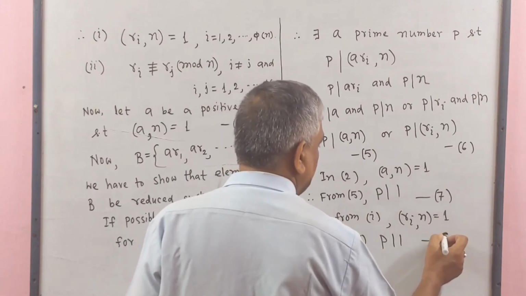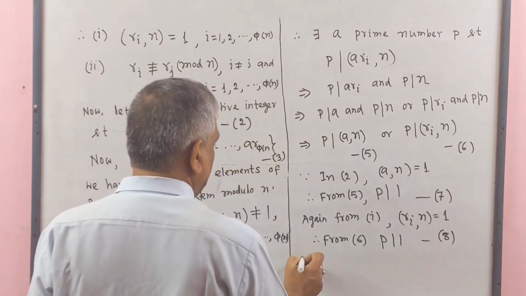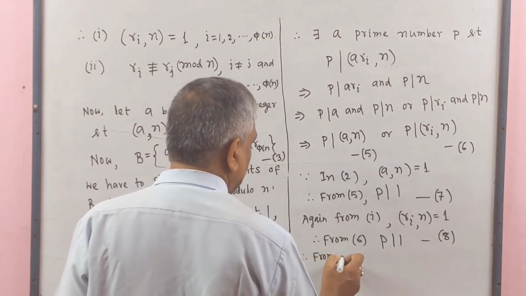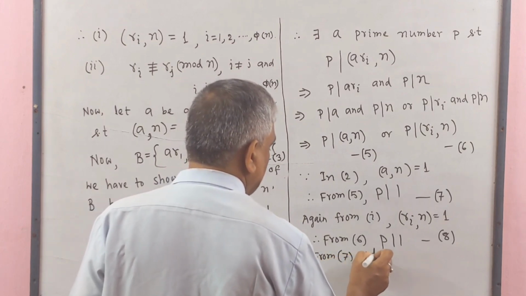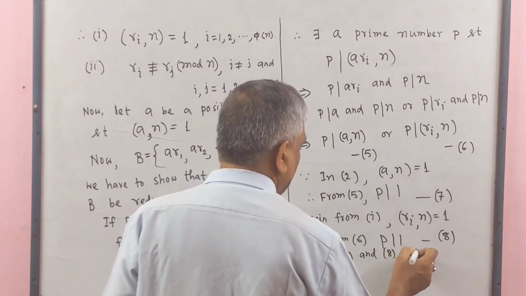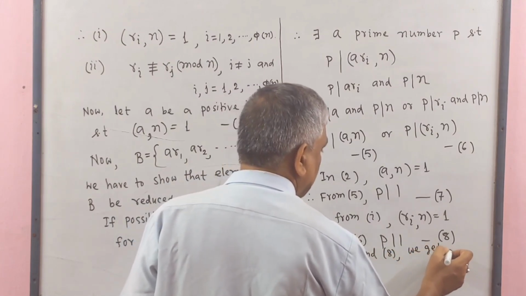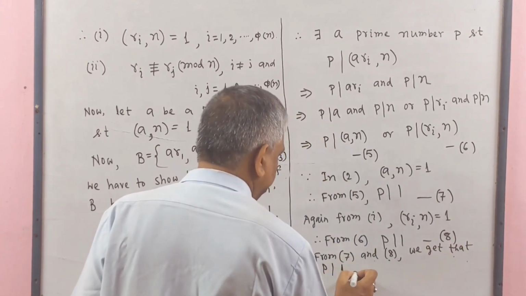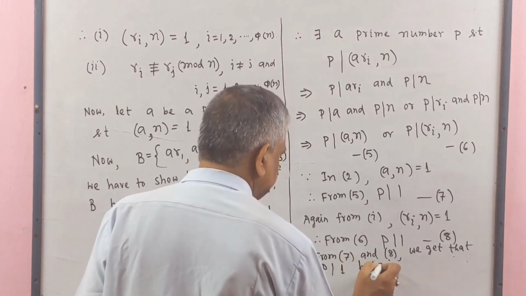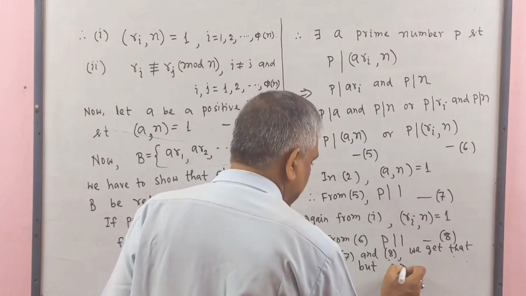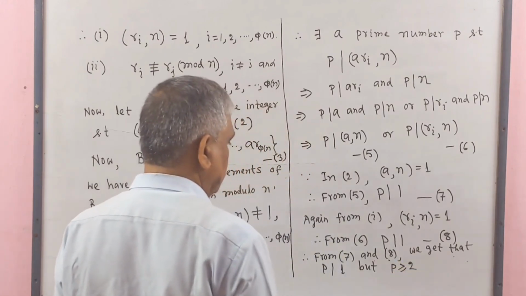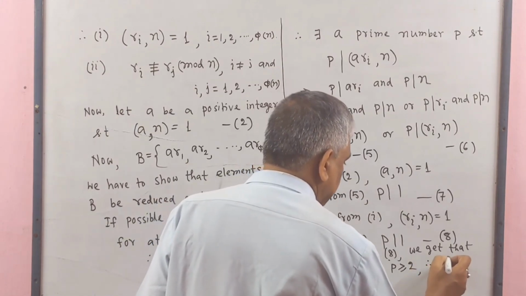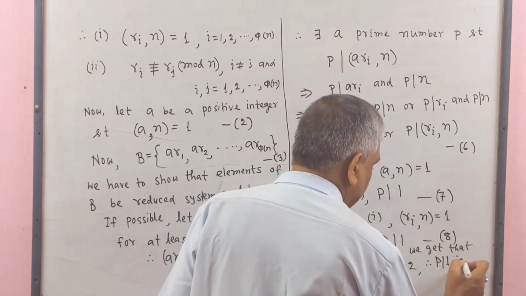This is number 8. Therefore, from 7 and 8 we get that p divides 1, but p is greater than or equal to 2. Therefore, p divides 1 is impossible.